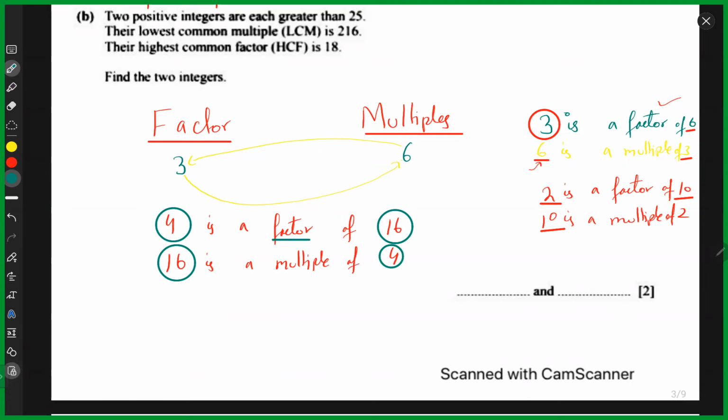One last thing, 8 is a factor of 32, and 32 is a multiple of 8. If I talk about the table of 8, you would certainly find 32 there. So are we clear with this relationship?